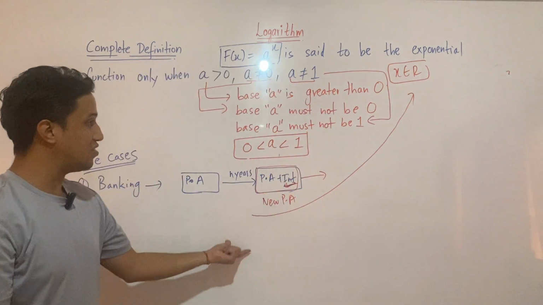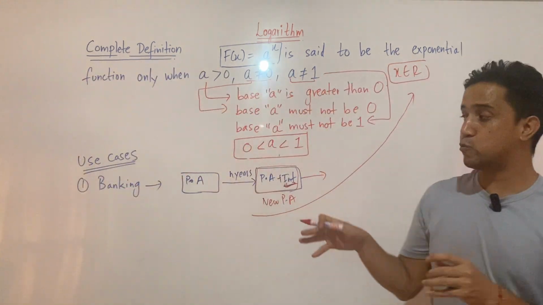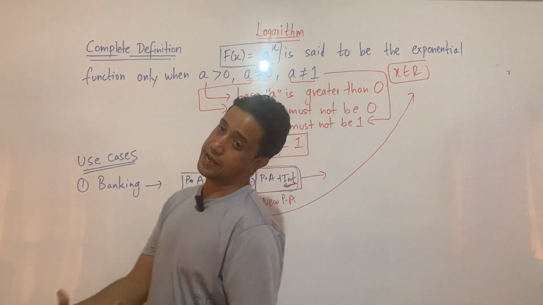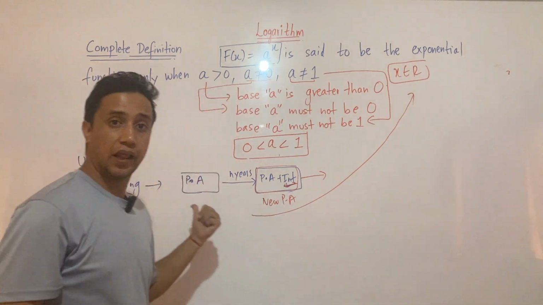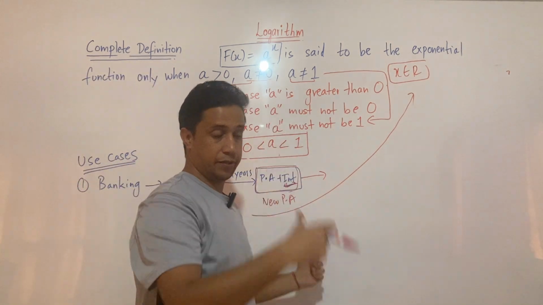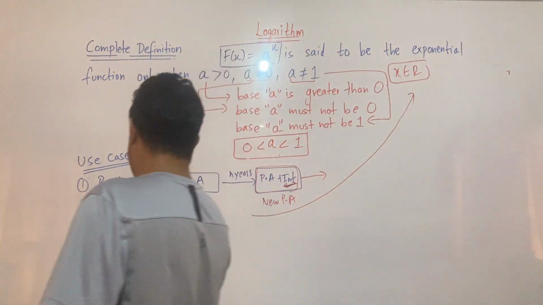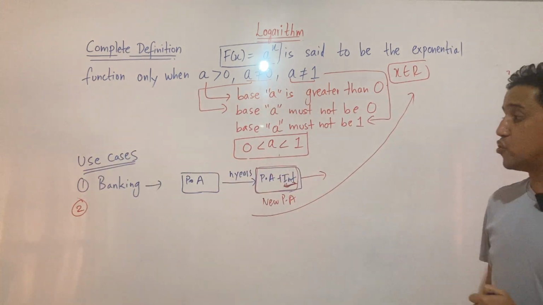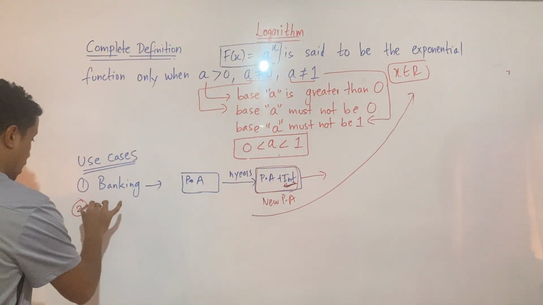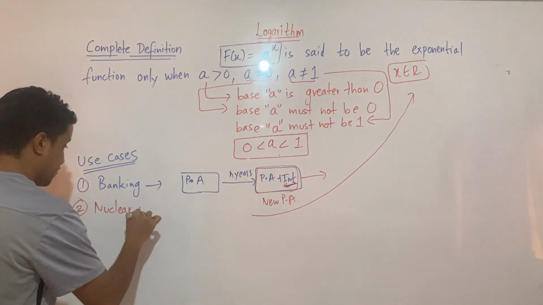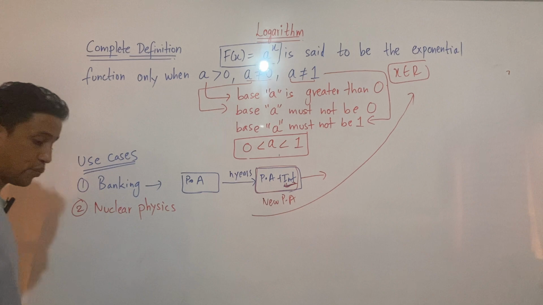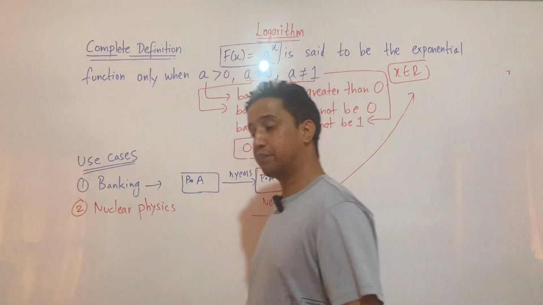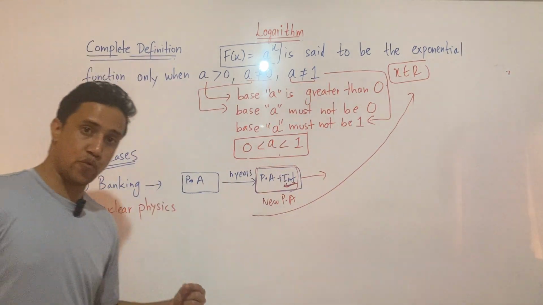Okay, and this is the concept that most investors who invest their money in companies or in banks just know: this principle of making money exponentially. Okay, then your next use case is also in physics, especially nuclear physics, where in radioactivity we study the decay of uranium, right?